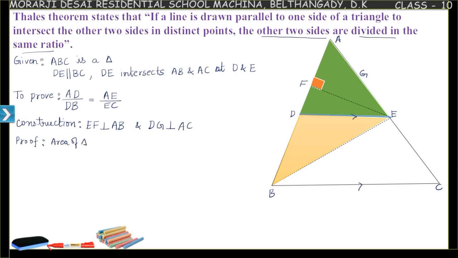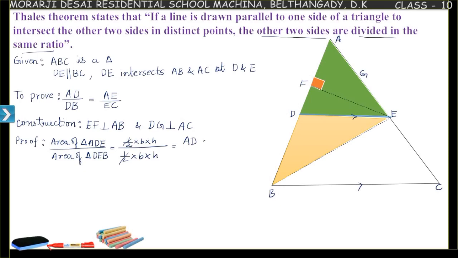Find the ratio of area of triangle ADE and area of triangle DBE. Area of triangle ADE divided by area of triangle DBE is equal to, the formula for area of triangle is half into base into height. For area of triangle DBE, half into base into height. Now we have half in the numerator and denominator, cancel it. What is the base of triangle ADE?